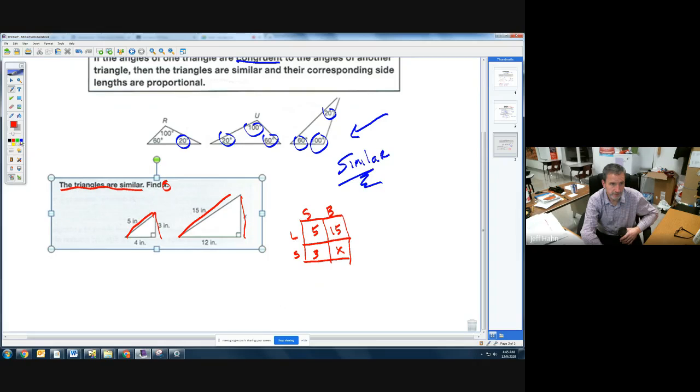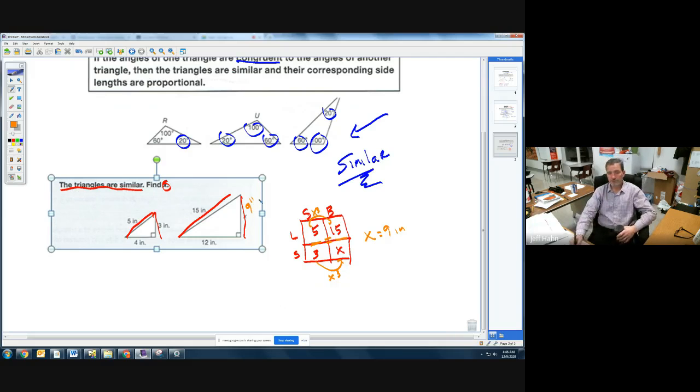And if you remember when we did this yesterday, I told you these are nothing more than equal fractions. You can just simply do this. How do I go from 5 to 15? You multiply by 3. So to go from 3 to there, you multiply by 3 as well. So 3 times 3, x has to be 9 inches. So x is 9 inches over there.